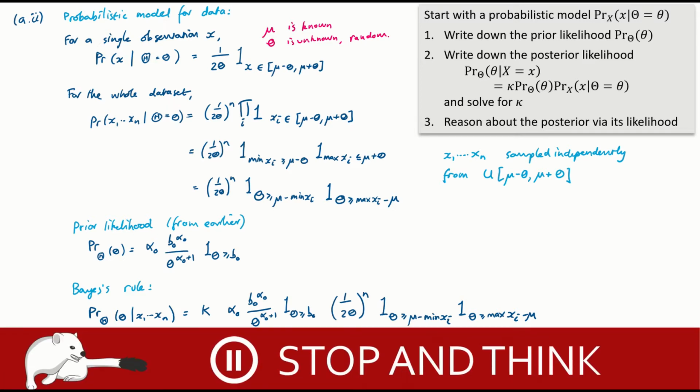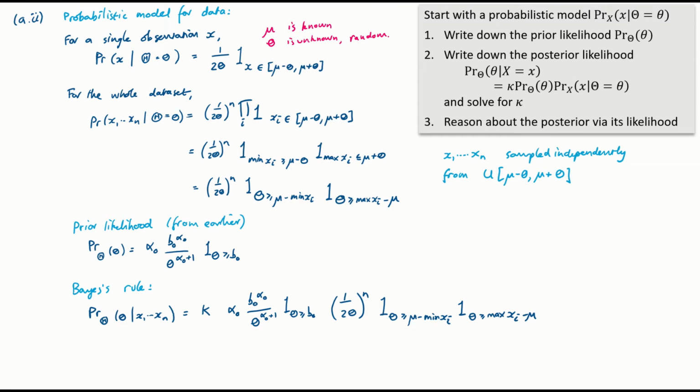There's another trick for finding kappas, and this is the time for you to stop and think. In particular, stop and think and look at this likelihood function and ask yourself, have you seen it before? The answer is yes, you have seen it before on just the previous line.